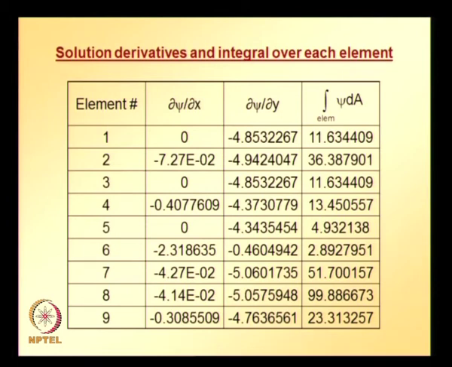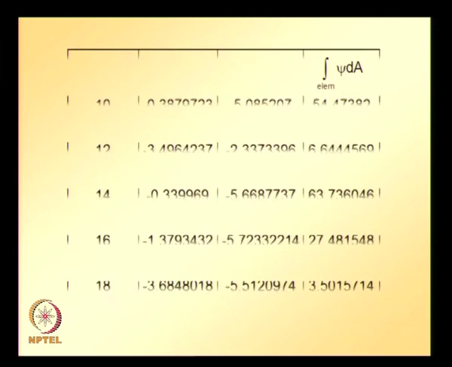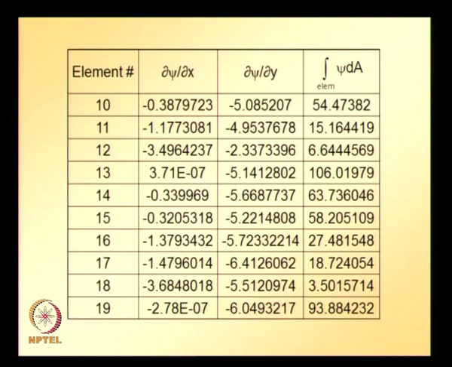And the solution, derivatives, and integral over each element are shown in this table: the partial derivative of the stream function with respect to x, the partial derivative of the stream function with respect to y, and the integral of the stream function over the element domain. Elements 1 to 9 are shown here, and the rest of the elements are shown on the other slide.